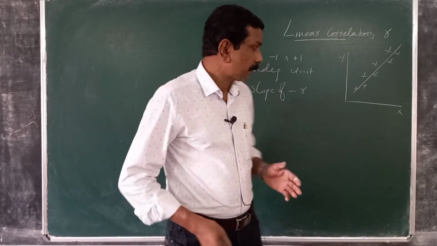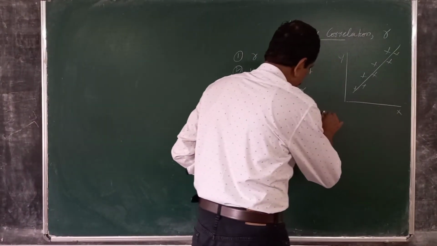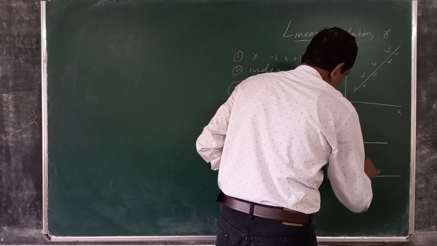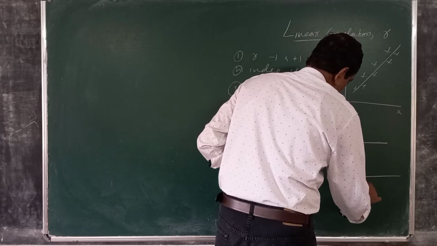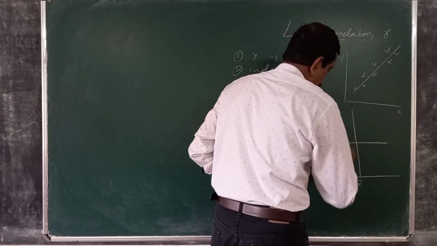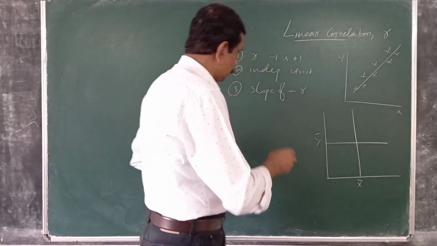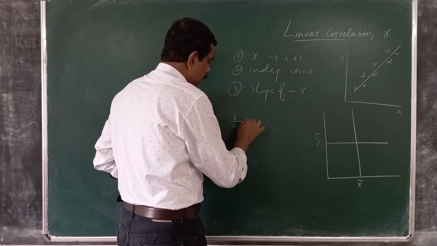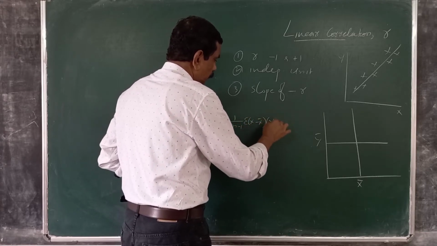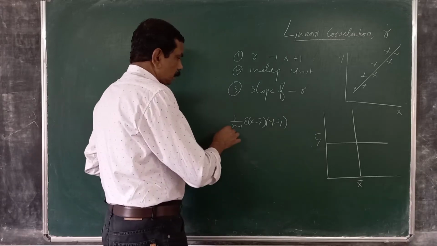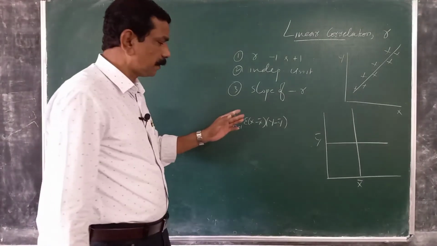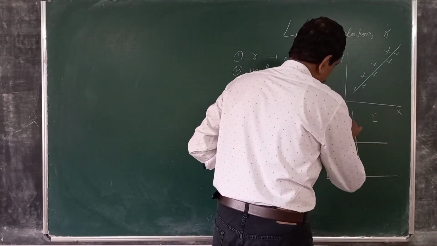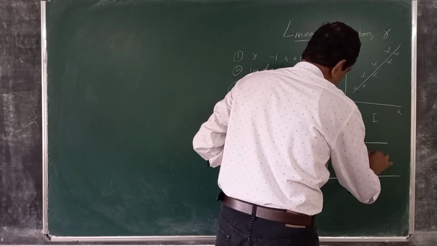Now, why do we have such a result? To explain this, consider this graph. This is x bar, this is y bar. Let us look at the numerator, 1 by n minus 1 into sigma (x minus x bar) into (y minus y bar), the numerator of the formula for the correlation coefficient.